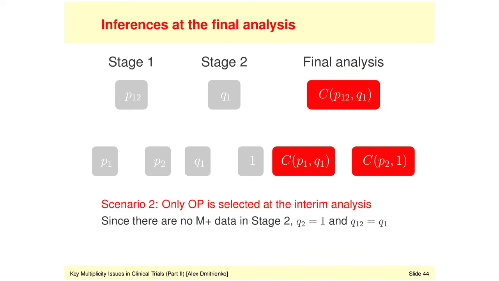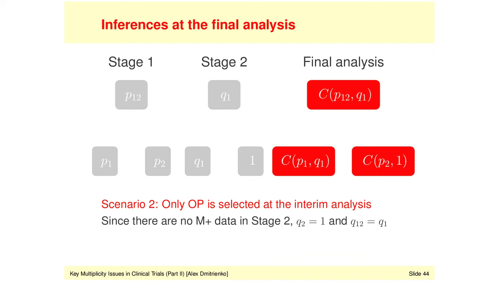Since we are no longer interested in testing the hypothesis H2 at the final analysis, then the p-value for the M plus analysis computed in stage 2, which is denoted by Q2, is set to 1.